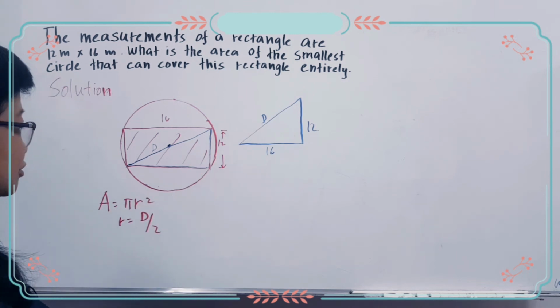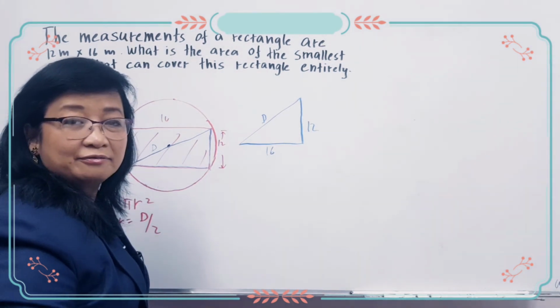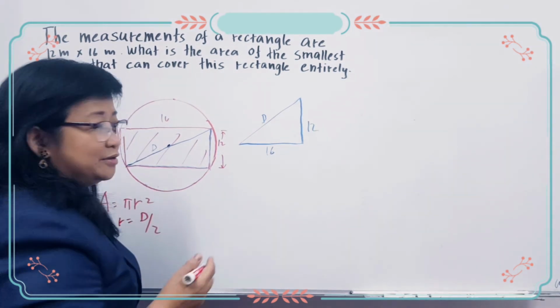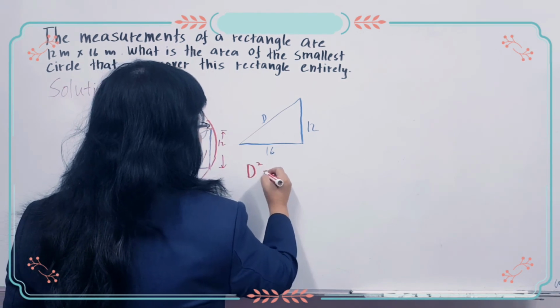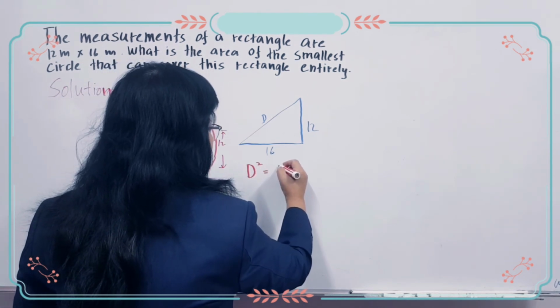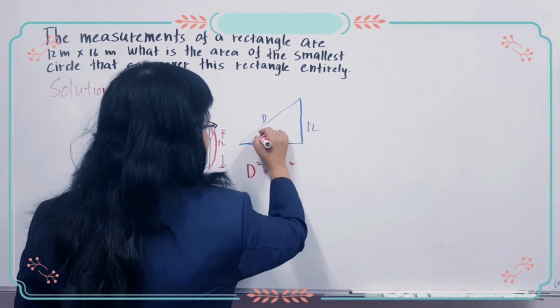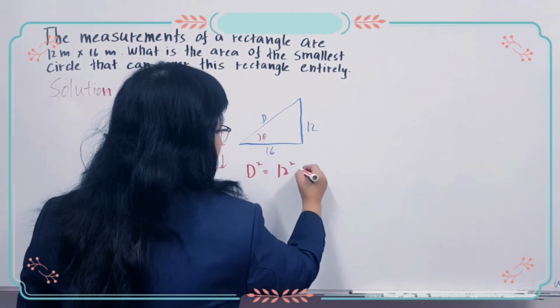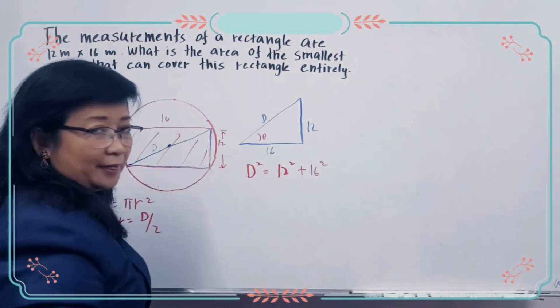Now, how to solve this one? Of course, the very well-known Pythagorean Theorem, which states that the hypotenuse squared is equal to the opposite squared, which is 12 squared, opposite because of the angle here, plus 16 squared.